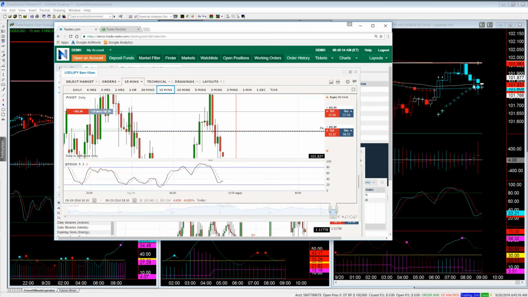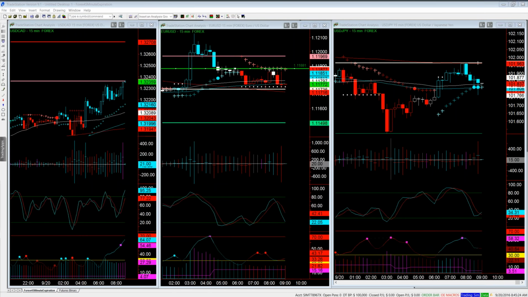Because the ATR with these two moving averages really indicate it's probably going to come back and test again here. Does everybody understand that?